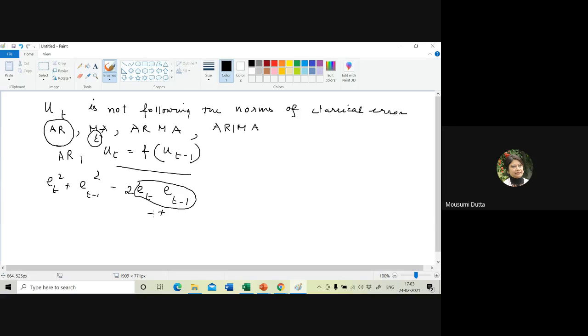If it is negative, in that case, this part will be added to this part, so that will be bigger. If the value is negative, it will have a bigger value. If it is positive, it will have a smaller value. And if this is 0, the value will be moderate, e_t square plus e_{t-1} square. So in between. Okay, so this is the idea.